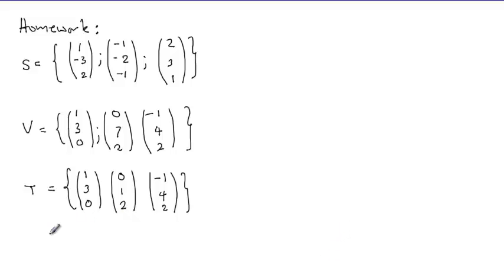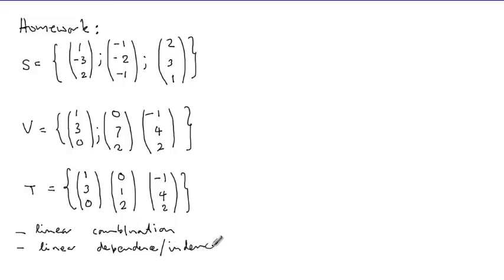And very important here, I'd like you to be very clear on the concept of linear combination, how to express a vector as a linear combination of others, and also linear dependence and independence, and also the concept of a basis.